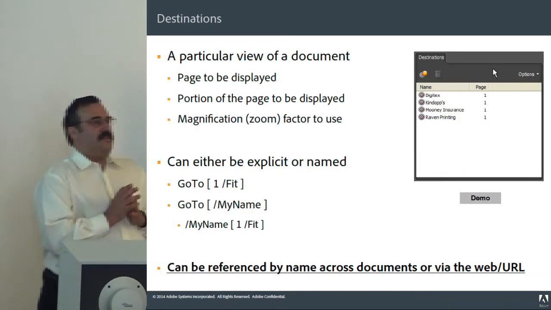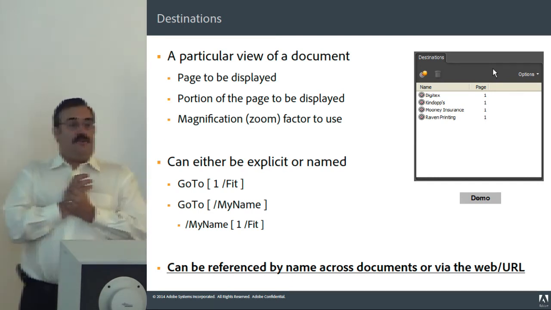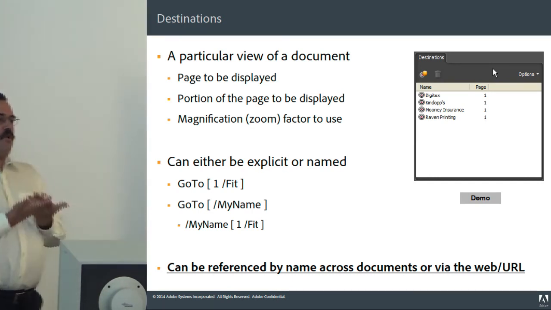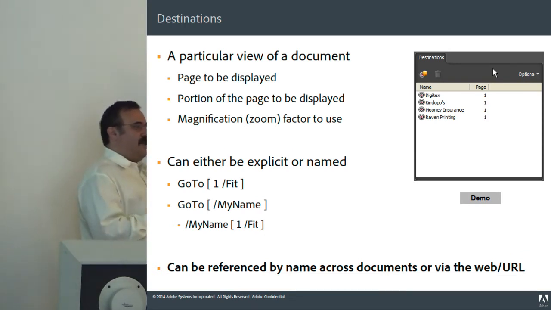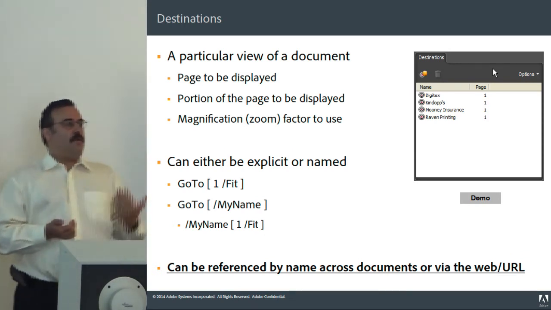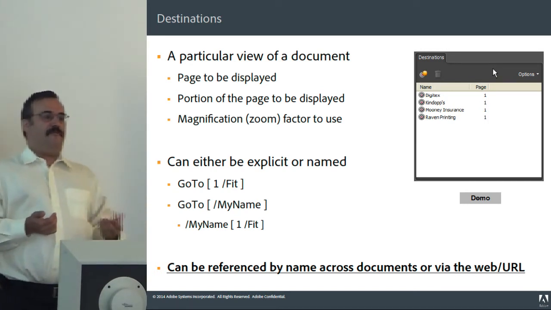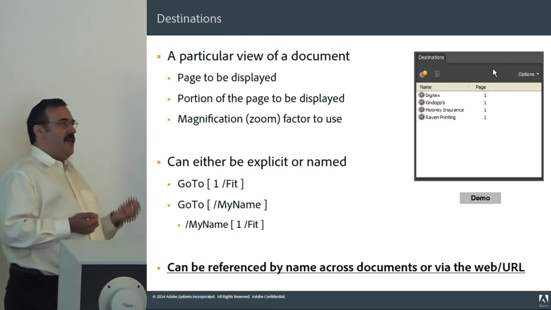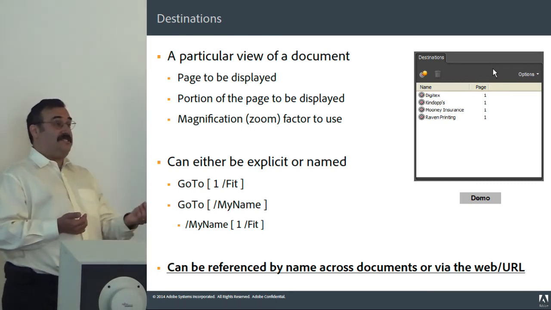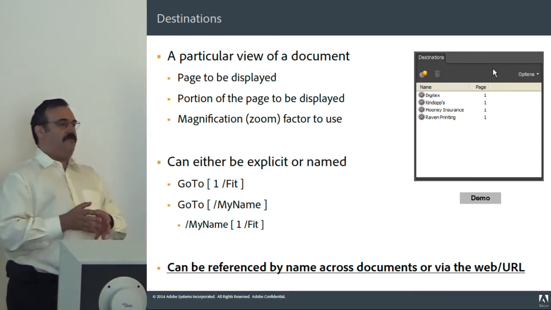Destinations. This is, again, something very underused that I think, especially in the world of today with the internet, the web, and the idea of interconnected documents, what we want is a way where I can refer to a piece of another document without having to say, go to page 37 and scroll down this far.